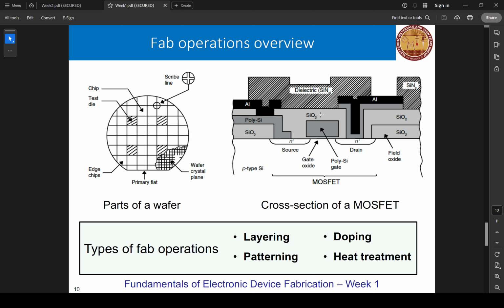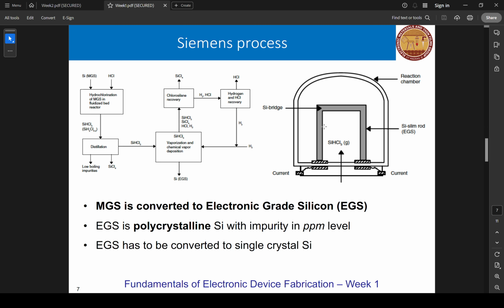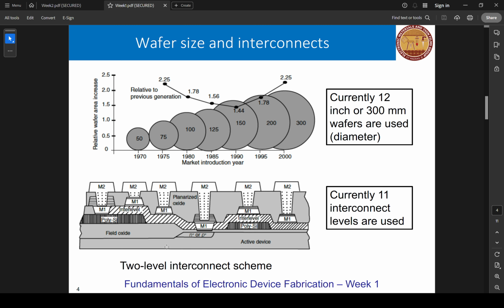Let me show you. Here you can see they make contacts from the gate also. Here we can see the N plus region is there.